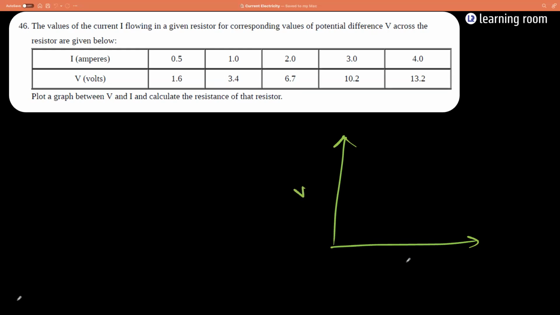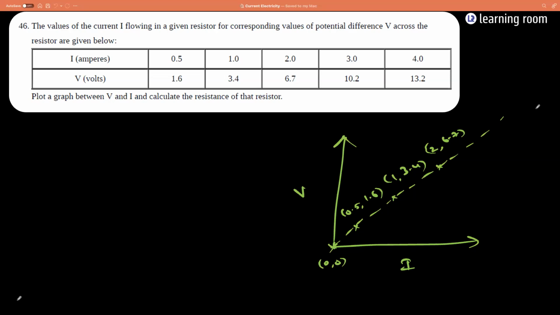If I take V on the Y-axis and I on the X-axis, so this is 0, 0, 0.5 and 1.6, 1 and 3.4, approximately double. Then 2, 6.7. So how is it going to be? Actually, it is supposed to fall on a straight line like this.